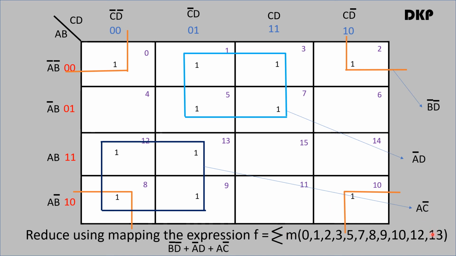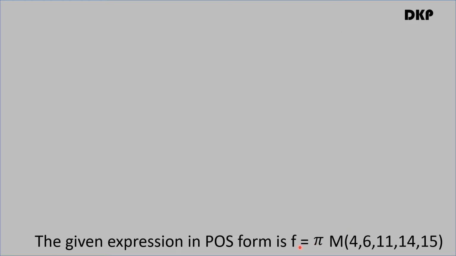Whichever minterms are not present here, those are the max terms of this expression. Now we will place zeros in the KMap for those max terms. So this given expression in POS form is f is equal to pi m 4, 6, 11, 14, 15.